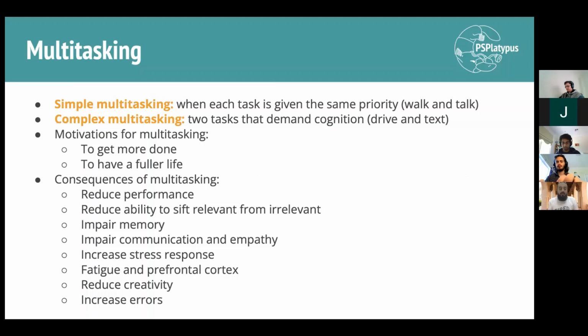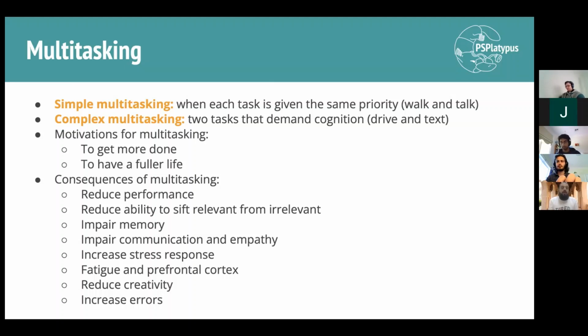However, in complex multitasking, we have two complex tasks that both demand cognition, and it's basically impossible to do the two tasks together at the same time, where you need to switch between these tasks to get it done. Otherwise, you have poorest performance.